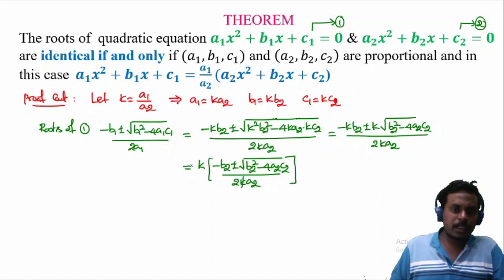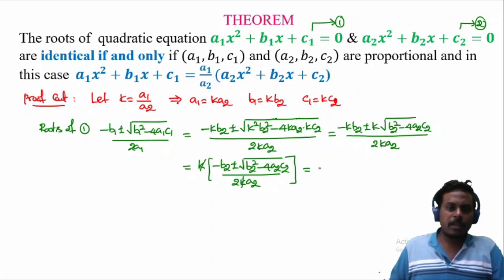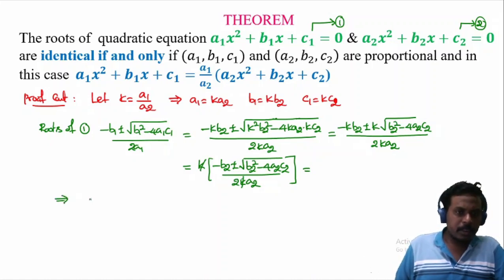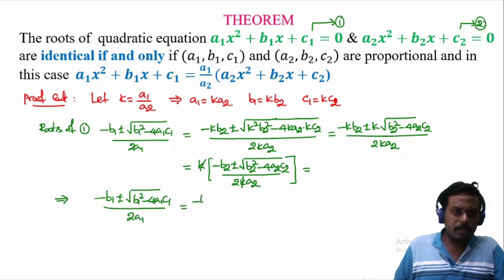Now this k and this k get cancelled, so this implies minus b1 plus or minus under root b1 square minus 4a1 c1 divided by 2a1 is equal to minus b2 plus or minus under root b2 square minus 4a2 c2 divided by 2a2.